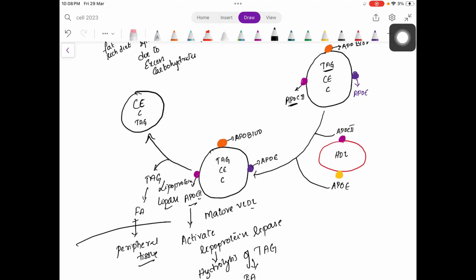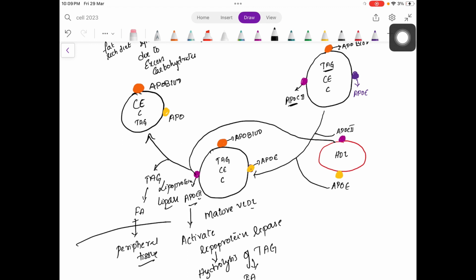Now, this ApoC2 will be transported back to HDL. And this VLDL molecule will have only ApoB100 and ApoE. This is ApoE, and we have only ApoB100 and ApoE.